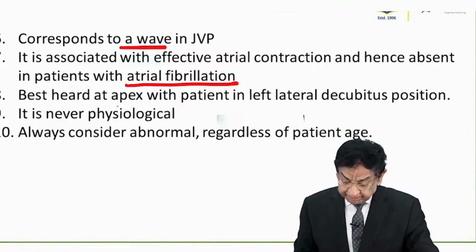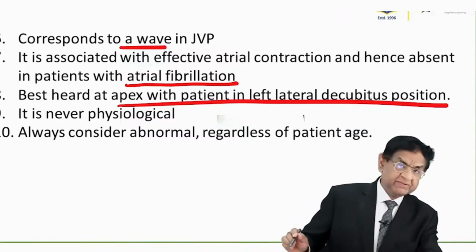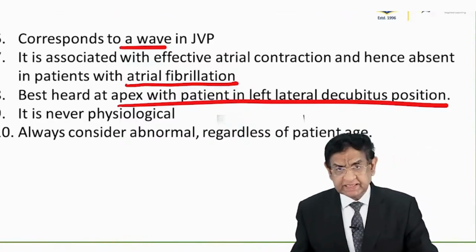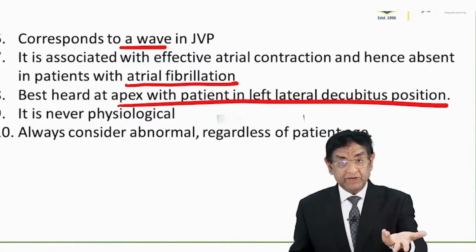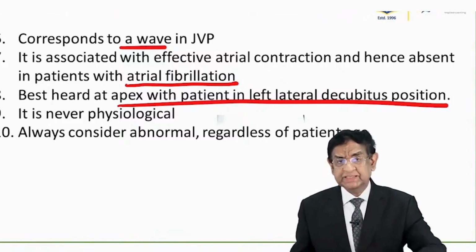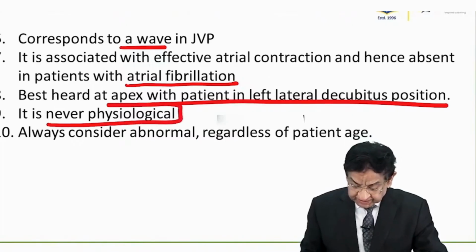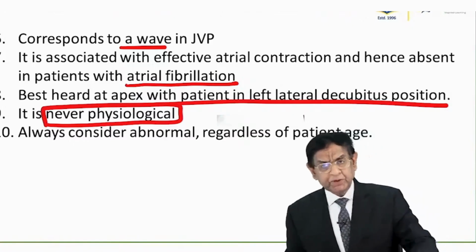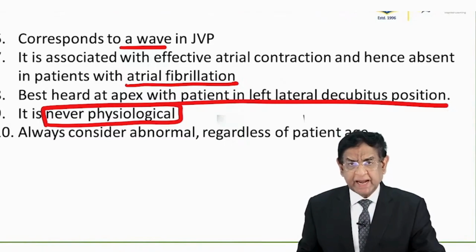Again, it is best heard at the apex with the patient in the left decubitus position, just like what we heard in the third sound. Again, left side, apex, same as S3. Both are in the left decubitus, both are low pitch. Then what differentiates them? I am going to discuss this in the coming slide. But one thing, S4 is never physiological. S3 we got in many physiological conditions: children, athletes and pregnancy.